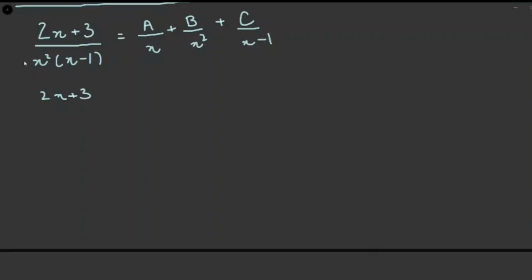In here if you multiply this by the first fraction, this power would cancel out and we would be left with a multiplied by x minus 1, and if you multiply this by this fraction, the x squared would cancel out and we would get bx minus 1. In here x minus 1 would cancel out, so you would get cx squared.